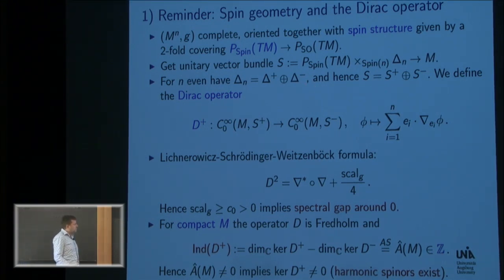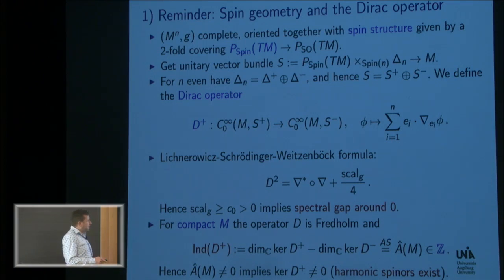Then we get a differential operator of order 1 that can be defined locally using local orthonormal frames e_i by this formula, using the Clifford connection nabla. I define this Dirac operator as acting on sections of the positive spinor bundle, and it takes values in sections of the negative spinor bundle.